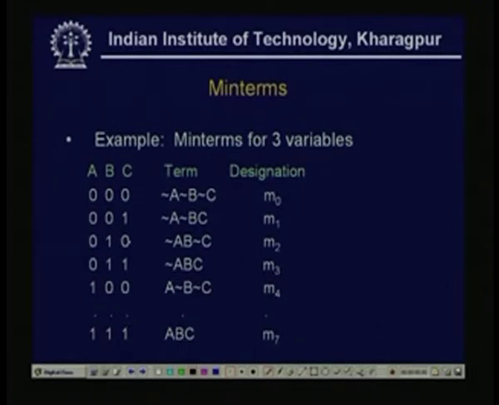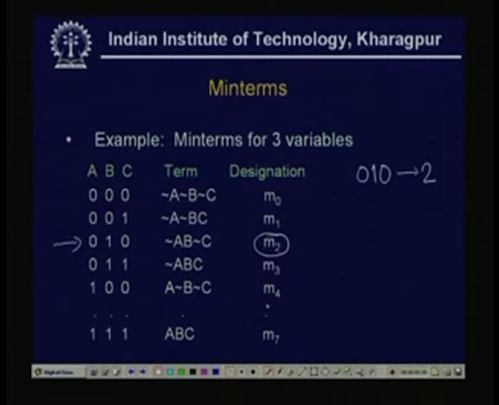See, if I take this one, 0 1 0, then 0 1 0 means the decimal is 2. So I am giving that m2, this is my m2. So the subscript is the decimal equivalent of the value ABC is taking, and in this way we represent the min terms.